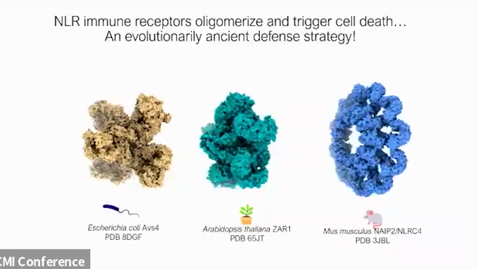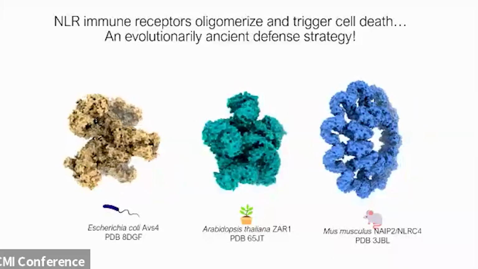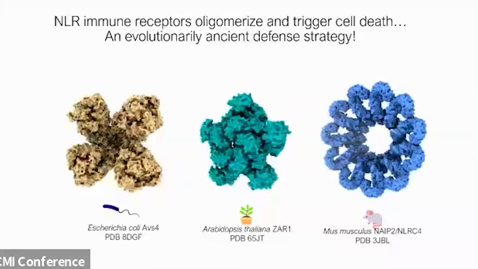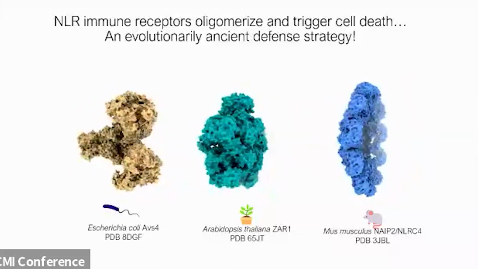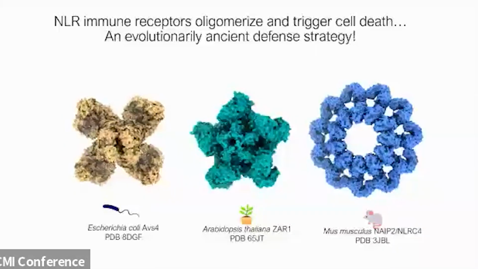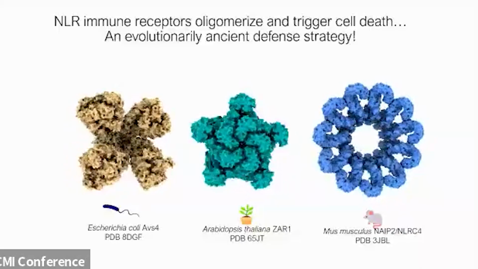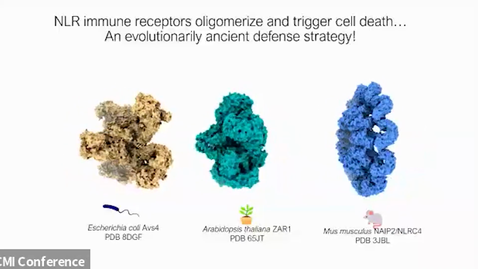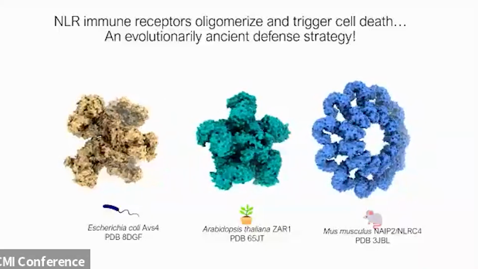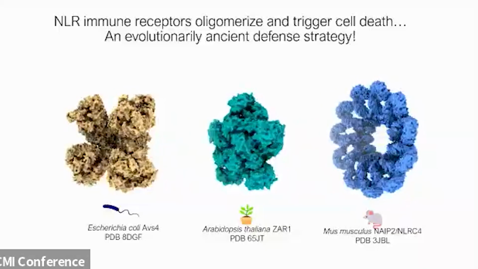So we have here E. coli, so in bacteria, they're also involved in immunity, but they can be involved in other functions, as Susan will probably tell you. And also in mouse, for example, we have some pretty famous inflammasomes like NLRP2 and NLRC4.